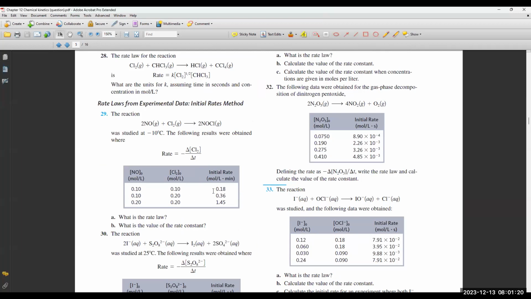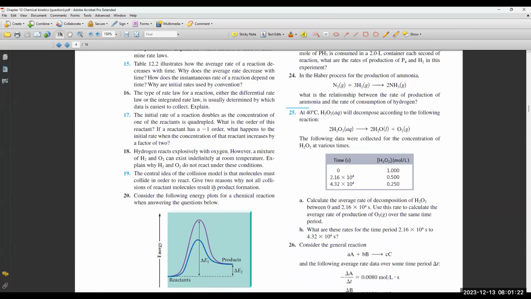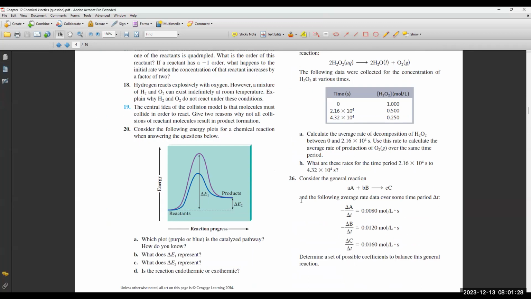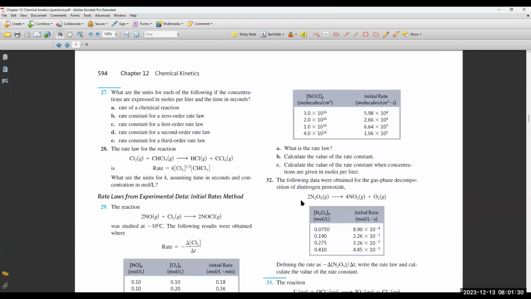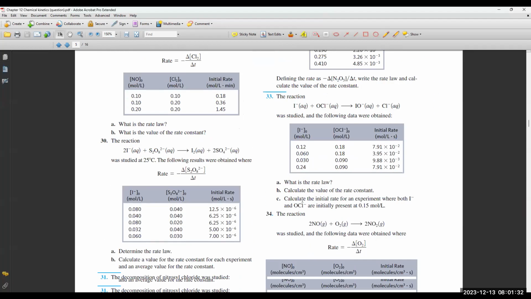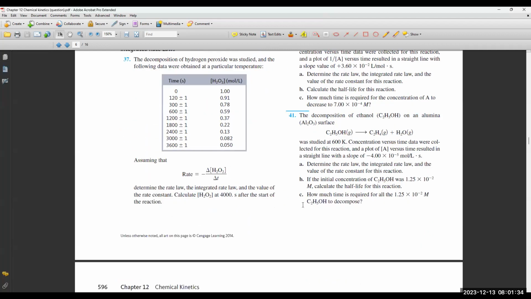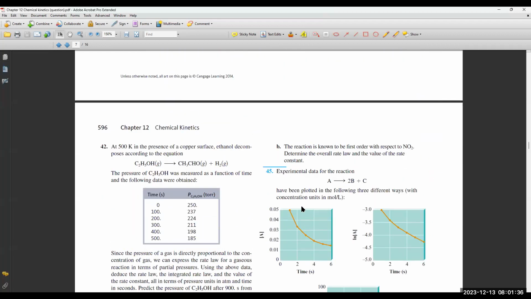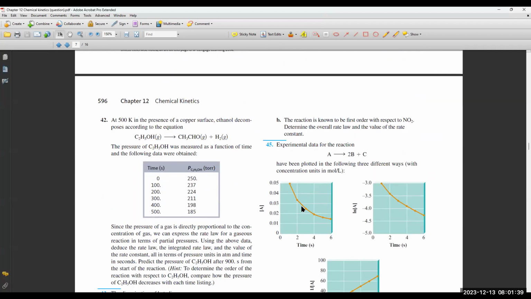No, data tables are not there. This is the question which I picked up from here. Okay, let's see. This one. So let's do it. I'm going to explain this question.